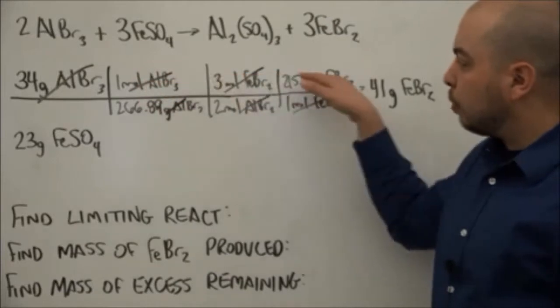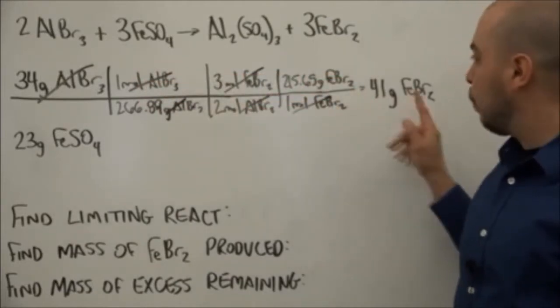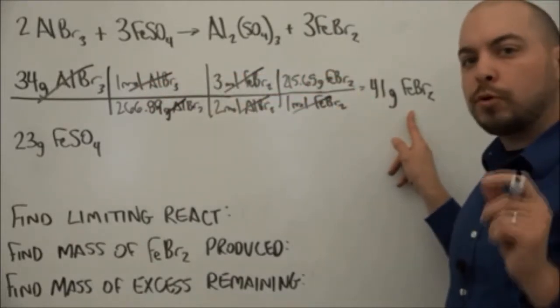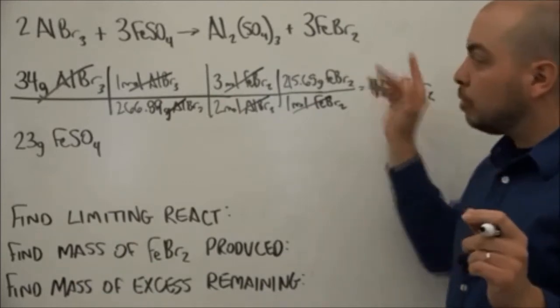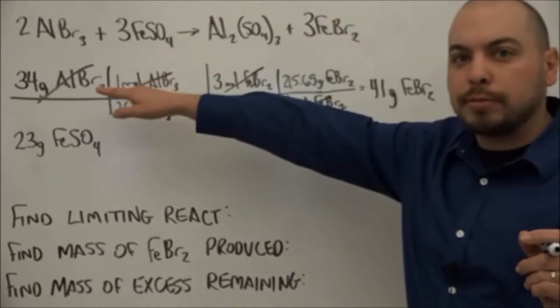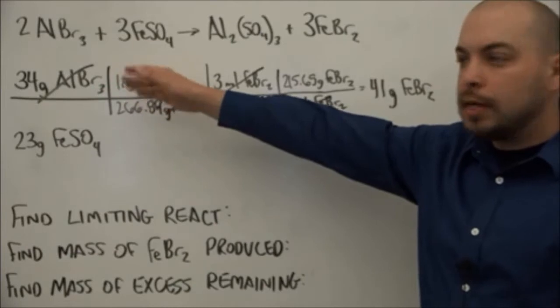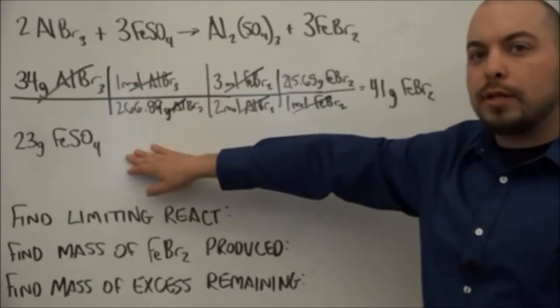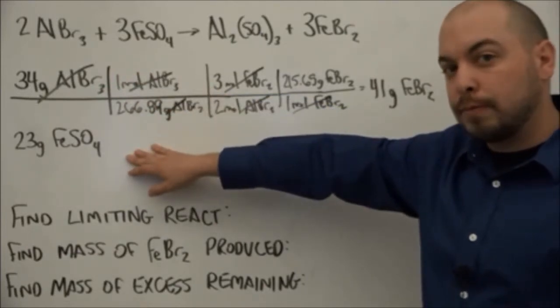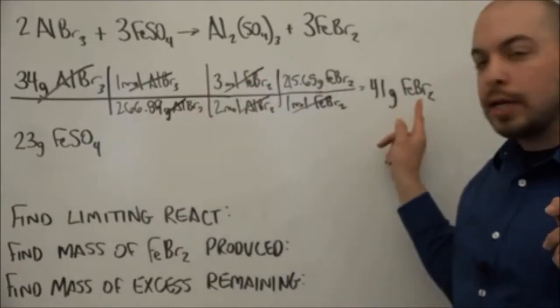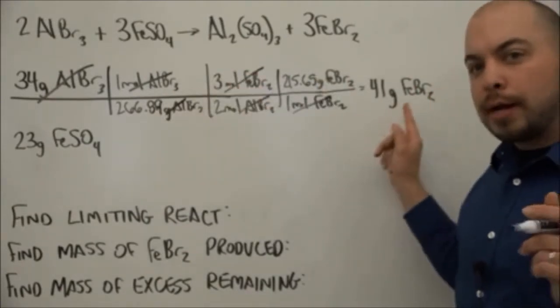As a result, we have grams of iron bromide as the only unit remaining. We multiplied across the top and divided across the bottom, and found that we had produced 41 grams of iron bromide, assuming that the 34 grams of aluminum bromide would be fully used. Now let's do the same thing with our 23 grams of iron(II) sulfate. We're going to convert to the same unit, grams of iron bromide.